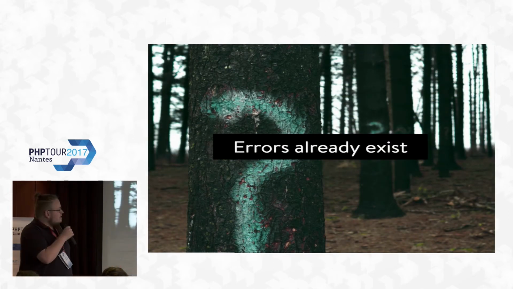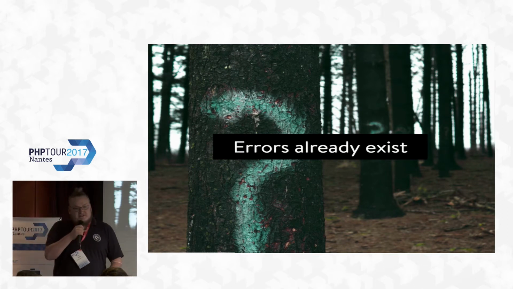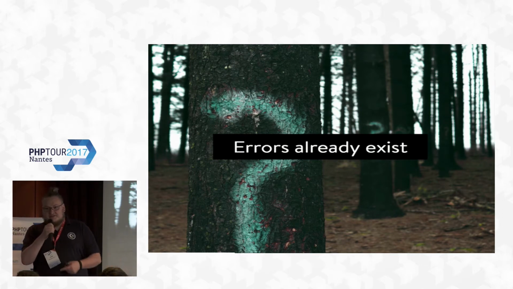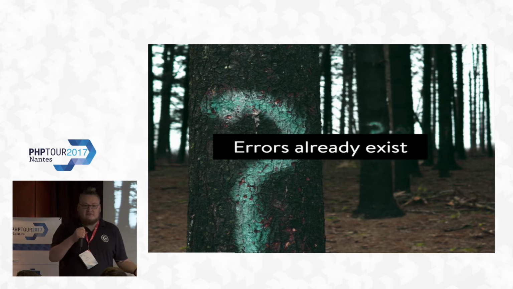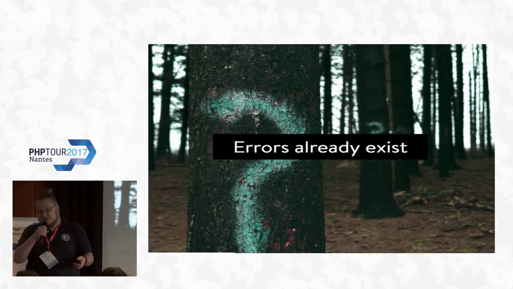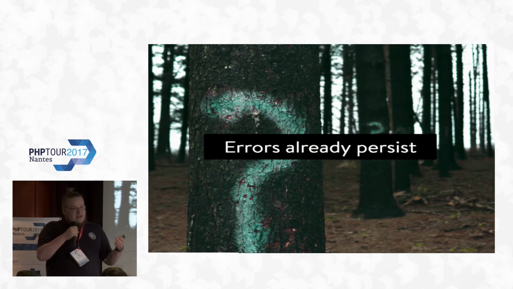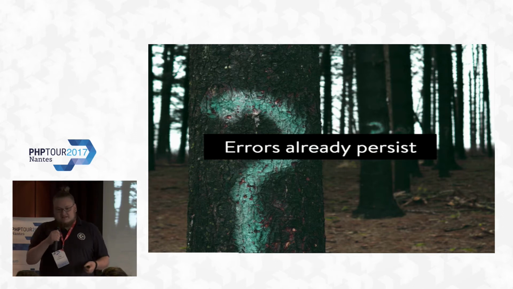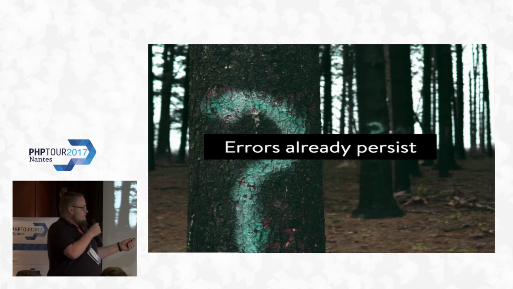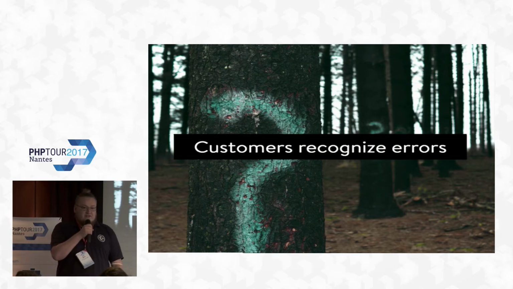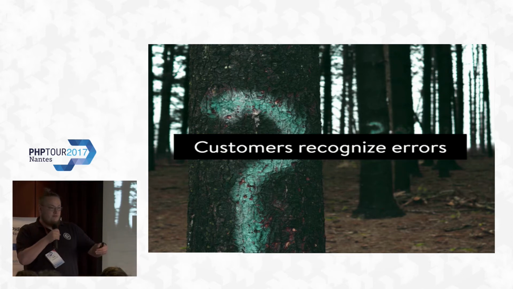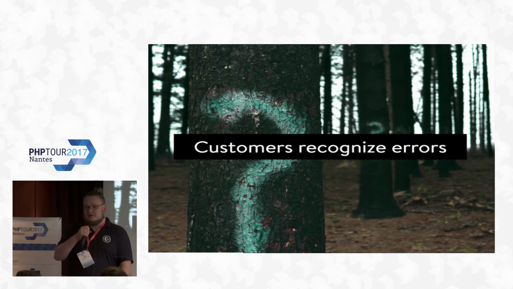What's the problem with this? The error already exists, so if you get informed that the site is down, the site is down, so you can't do anything about it, just really fix it, but the error is persisting, it's there, and until you fix it, it won't be gone. Customers recognize errors even if you are not informed by the customer of some errors.